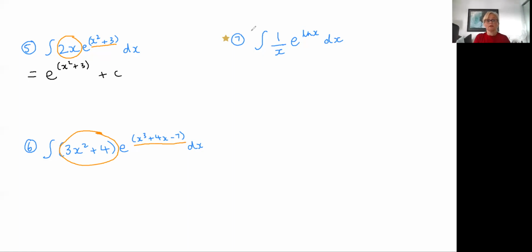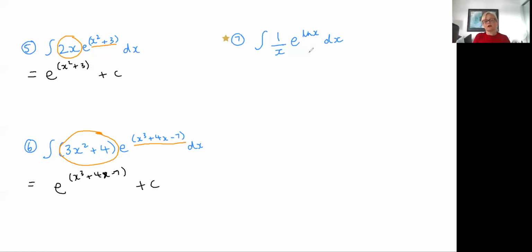So we can go straight to e to the x cubed plus 4x minus 7 plus our c for our integral. If you're not sure about whether you're correct or not, differentiate back again and check if you get back where you started.